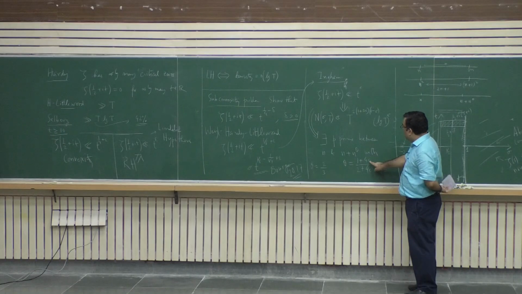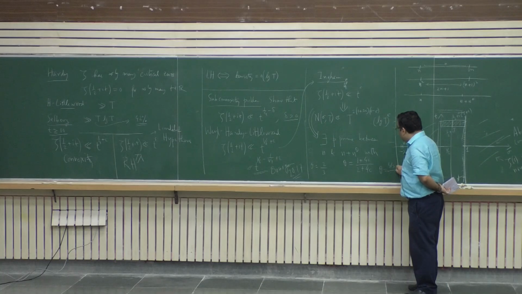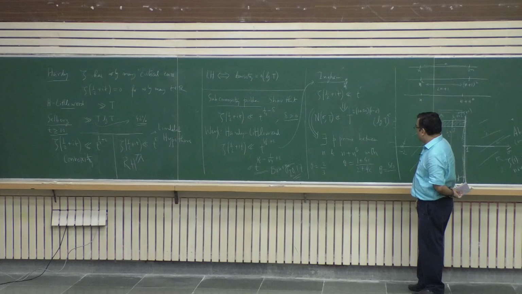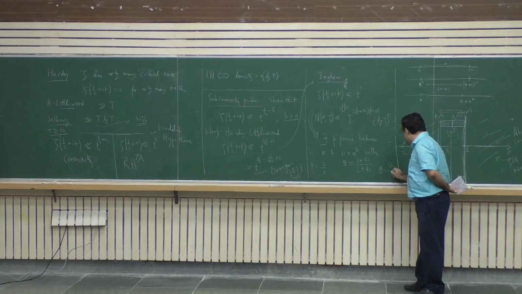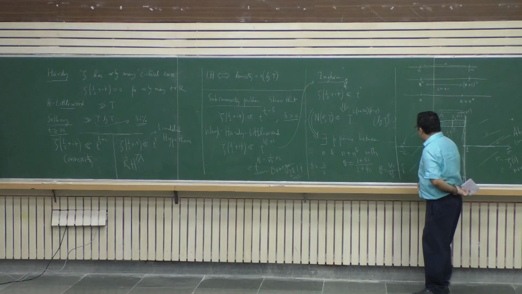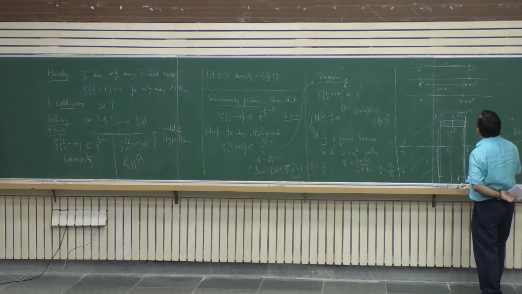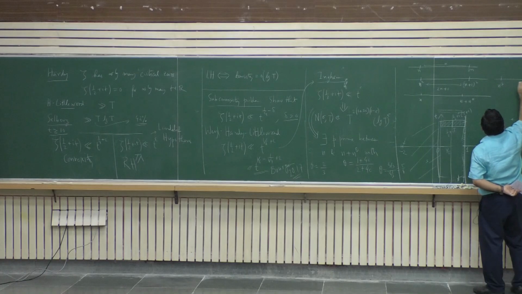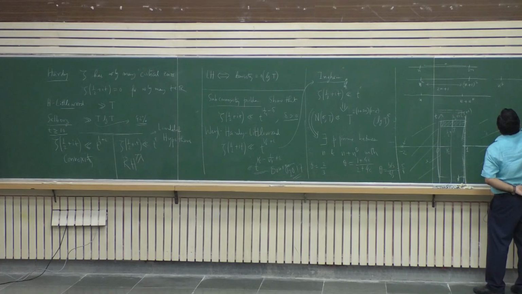Yes. That will prove that if you start from Q and go to Q plus, and the length is like Q to the power 3/2, then between these two there is a prime. Between two consecutive squares, there is a prime. That doesn't follow from this one.